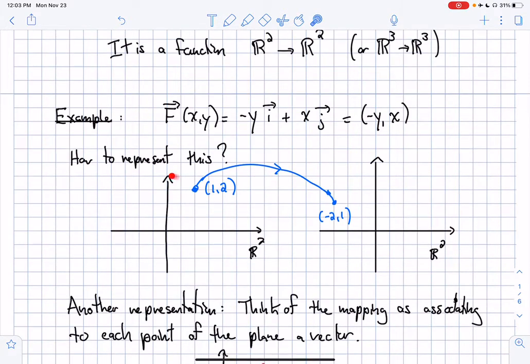Either I do the elementary way, where I have the domain and the image, and I send a point to its image. So (1, 2), for example, in that plane is sent to (-2, 1). That's one way to represent it. But another fruitful way is to actually think of the output as a vector sticking out from the input.